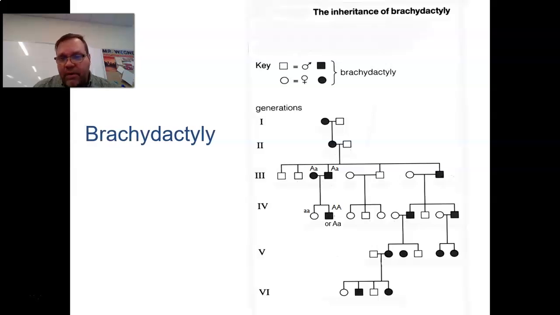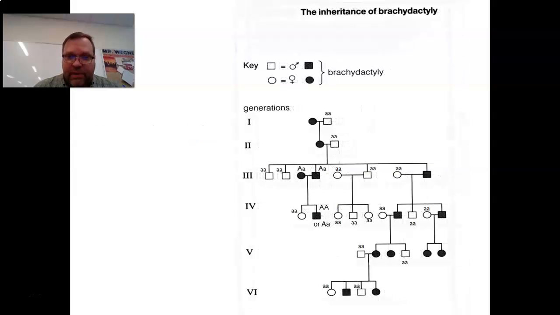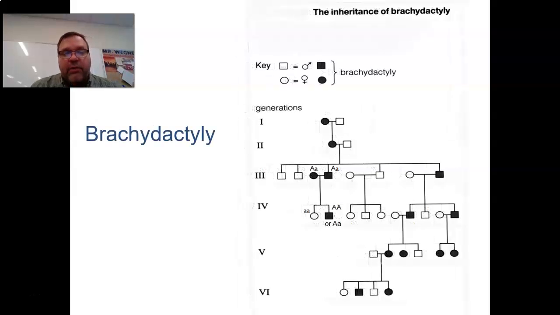All right. So it looks like, again, we've got a case here with our letters. Let's see if we got this filled in or not. Sorry, my bad. Go back. So here we have a case in which I have two people that are affected in the third generation, individuals number 3 and 4. 3 is the female, 4 is the male, and they have a child that is not affected.